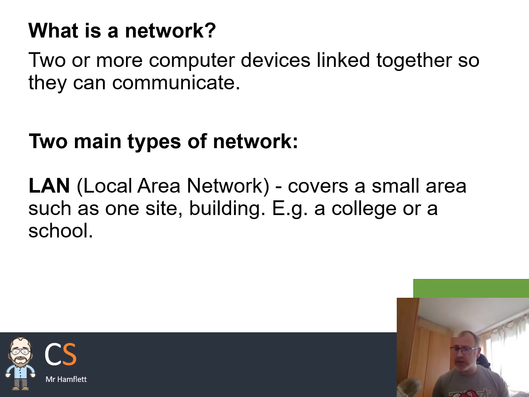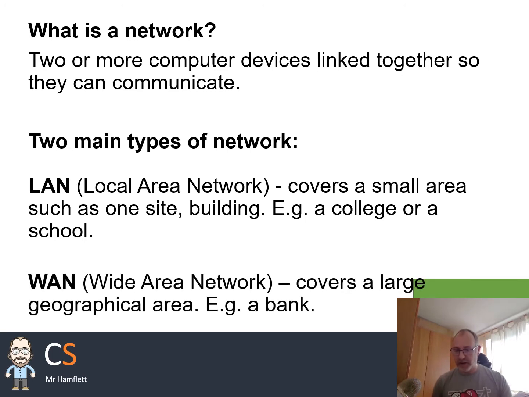That will be considered a local area network. But these will obviously be different sizes. So your home network will be a local area network, but the size of your house is probably tiny compared to the University of Birmingham, let's say. So they're still local area networks, both of them, but their size is different.